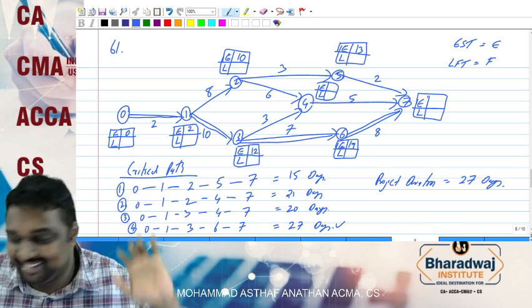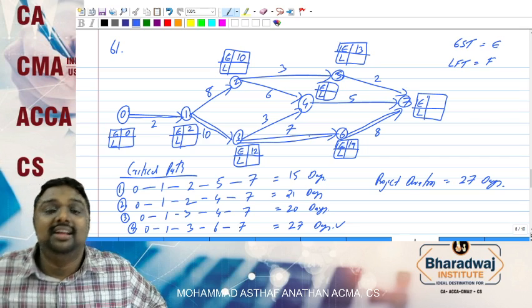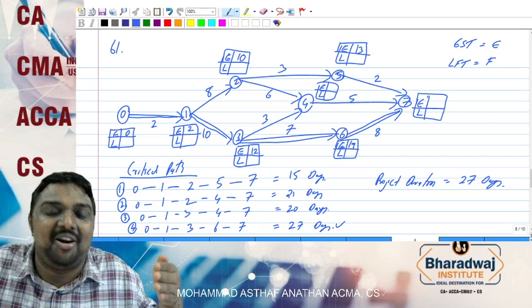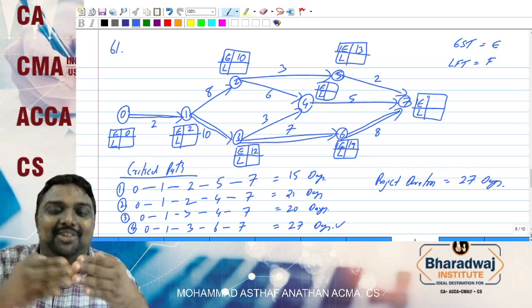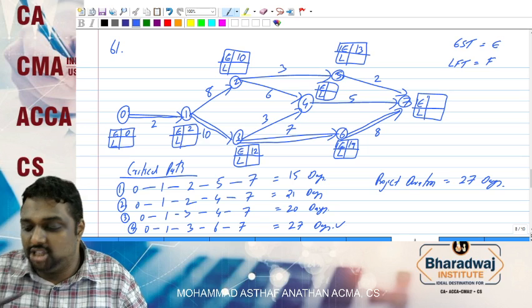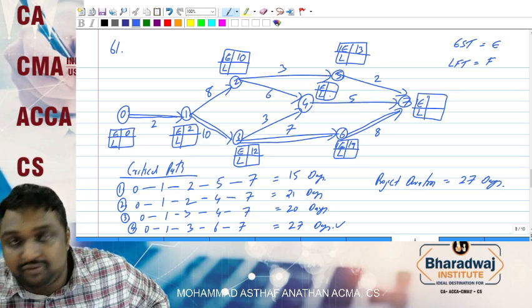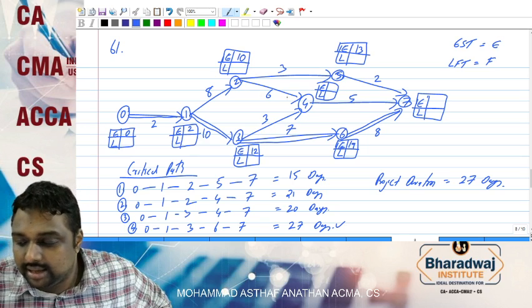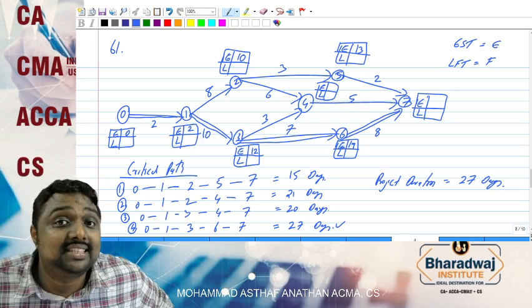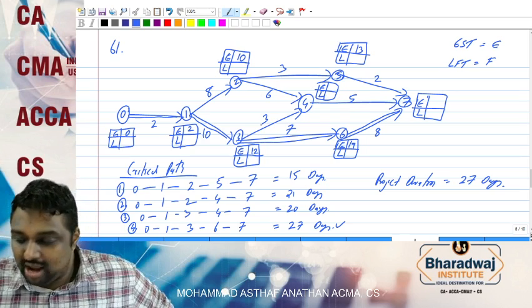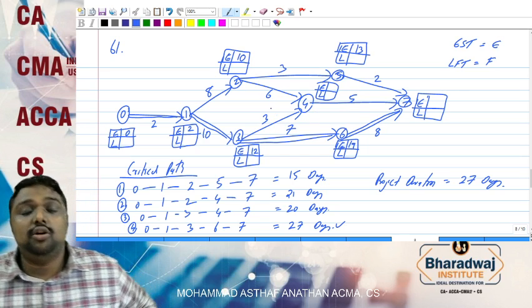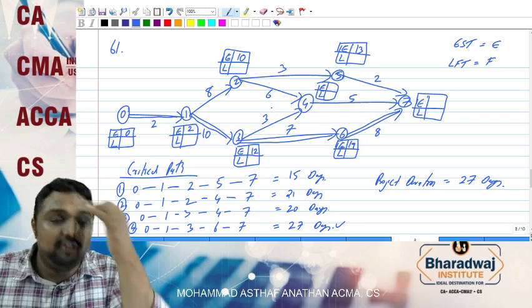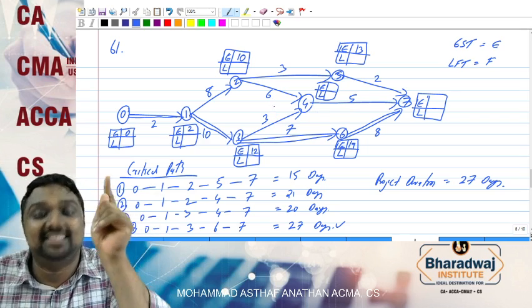Please note, this node is a merging node. What is the meaning of a merging node? 12 plus 3, 15 is also coming. 10 plus 6, 16 is also coming. So in a merging node, we have to take the highest.